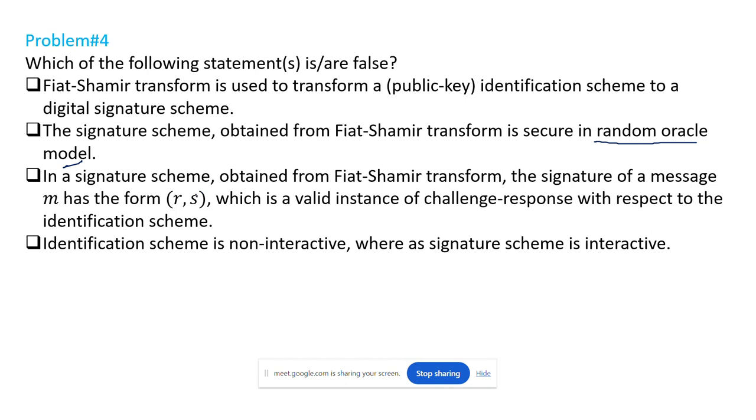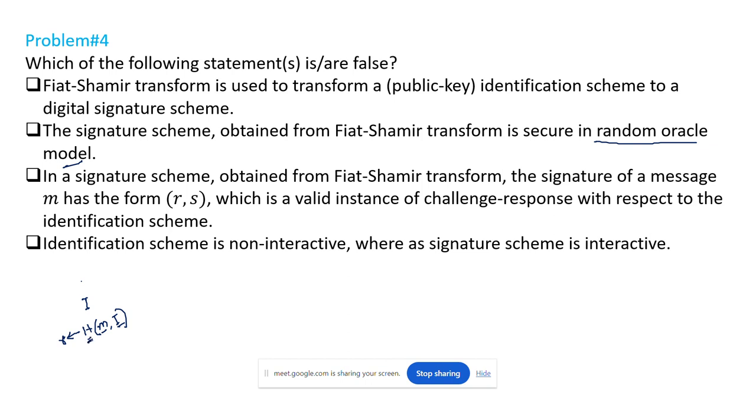Why? If there is no random oracle model involved, where is it involved? Basically, on the prover side, the prover generates the commitment on its own and then applies the hash function on the message and the commitment and generates a challenge R, right?